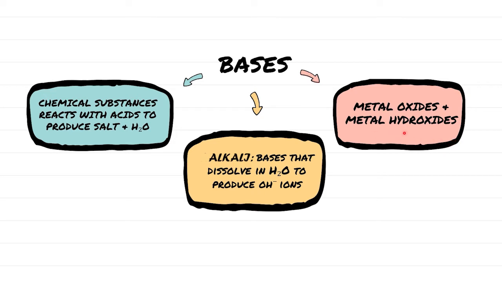It is called base because, back to the definition of base, it is a chemical substance that, when reacting with acid, produces salt and water. This is why metal oxide and metal hydroxide are also called base.